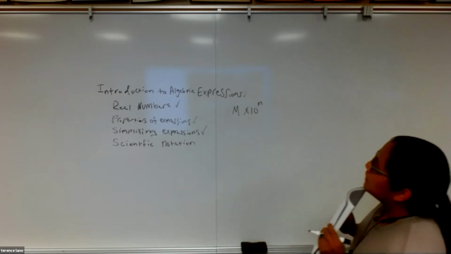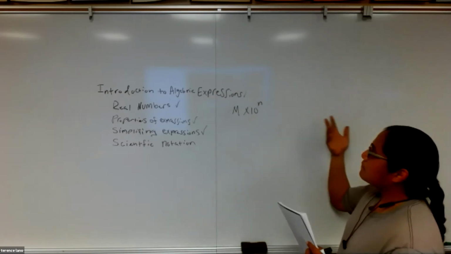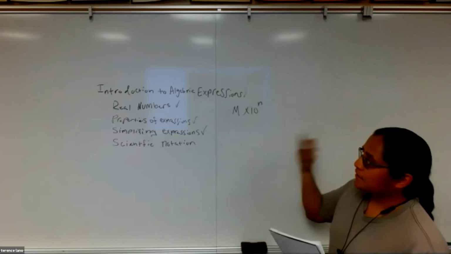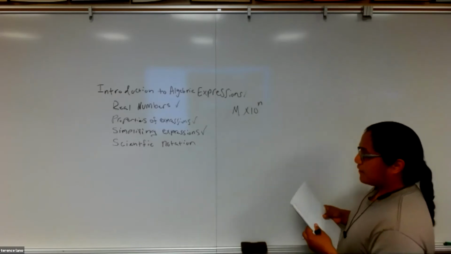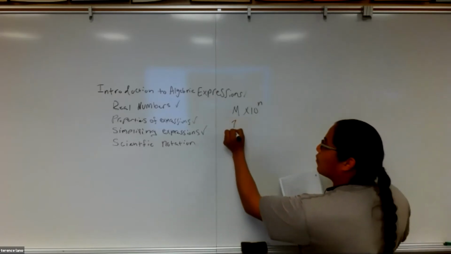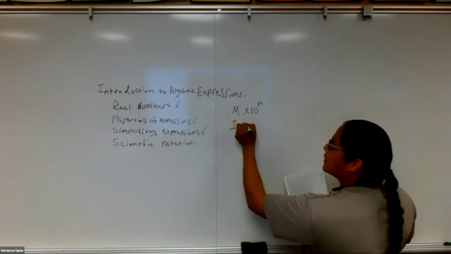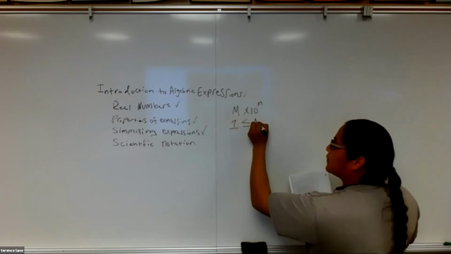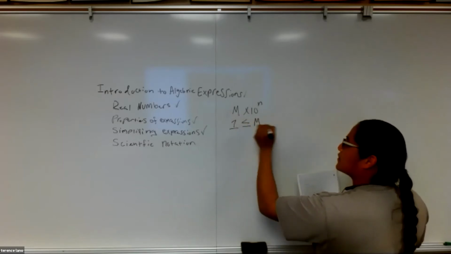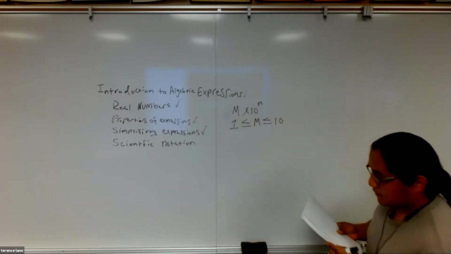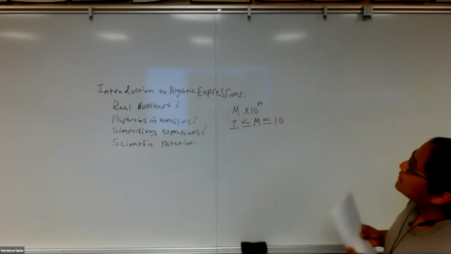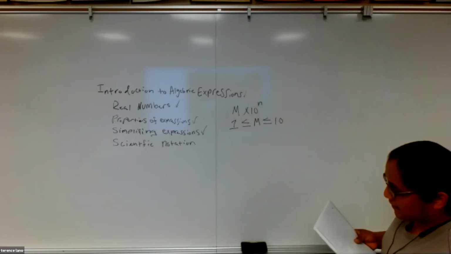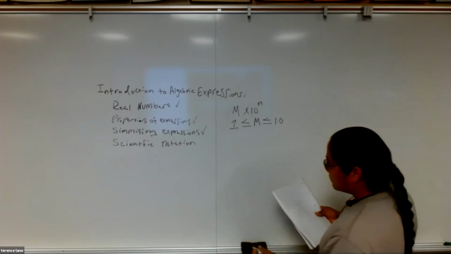But how to convert numbers into scientific notation, we have to have 1 less than or equal to your m, which is going to be less than or equal to 10. And if you don't understand what I mean by that, here's an example.